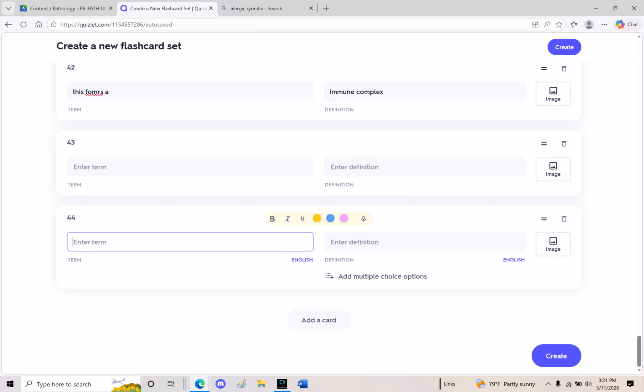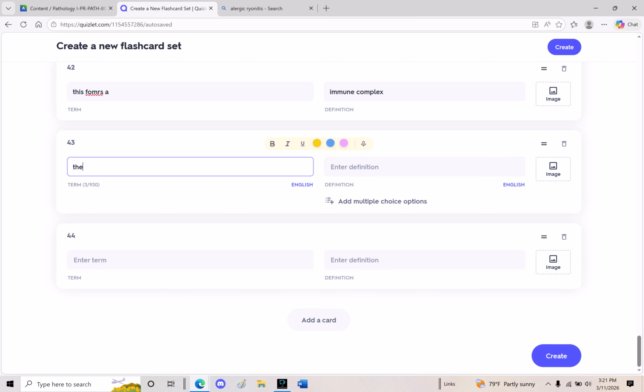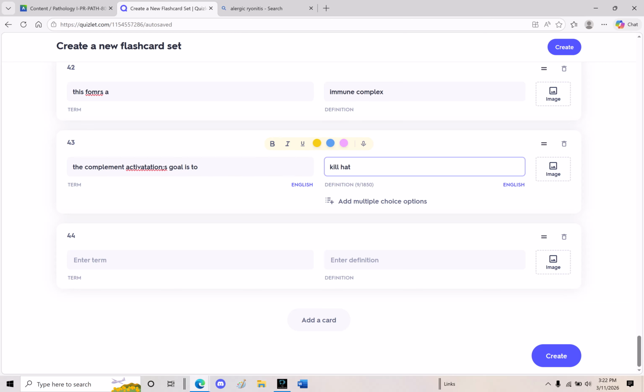So, that complement activation, that complement pathway, is started with the goal of killing whatever activated it. So that would be the antigen. Specifically now it's a complex. It's an antigen-antibody complex. It's an immune complex.